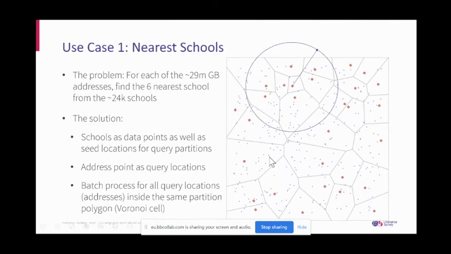We batch process all queries inside the same partition polygon cell. In this example, this radius will be the RP for k equals 6 plus 2 times the d_max for this partition. Therefore, we use this circle as a search range to retrieve all the schools just once. And then for any of the queries inside, we can compute the 6 nearest schools.